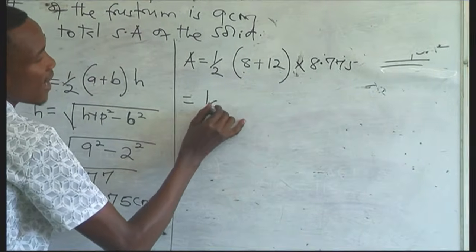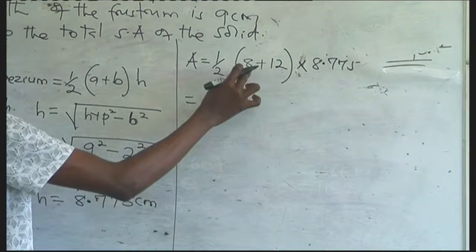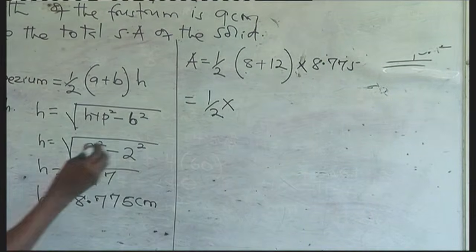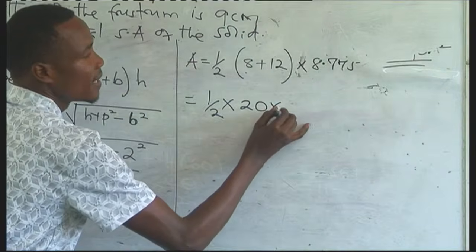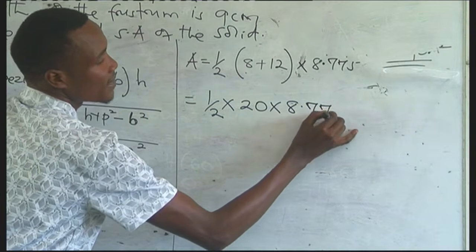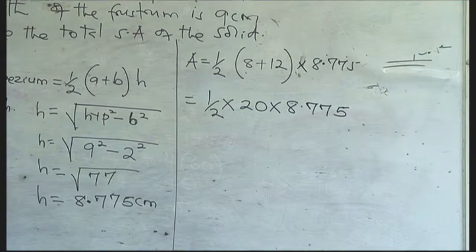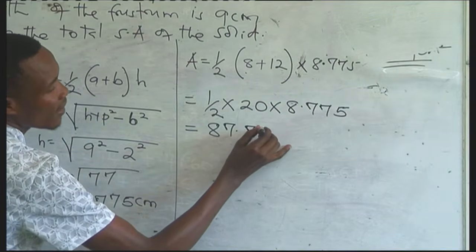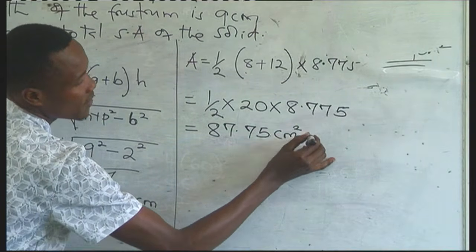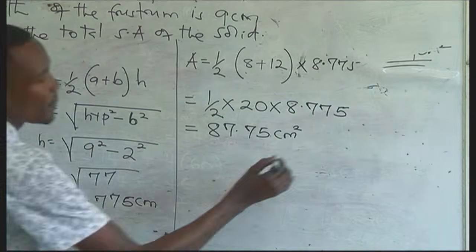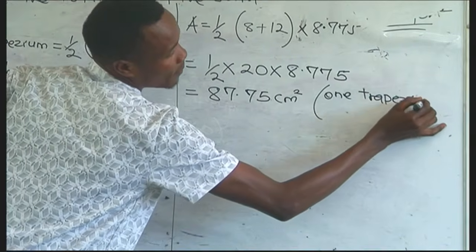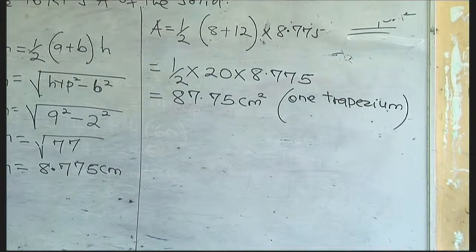That will give us a half times 8 plus 12, which is 20, times 8.775. If you work this out, it is going to give us 87.75 square centimeters. That is for one trapezium.